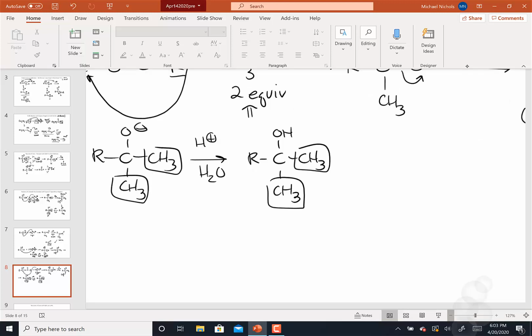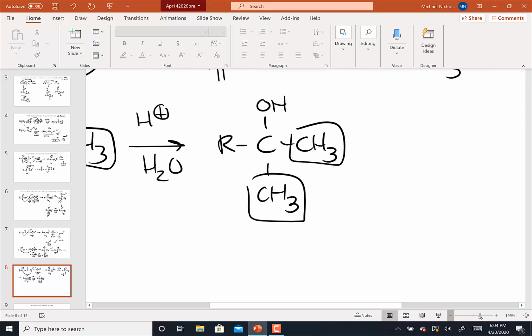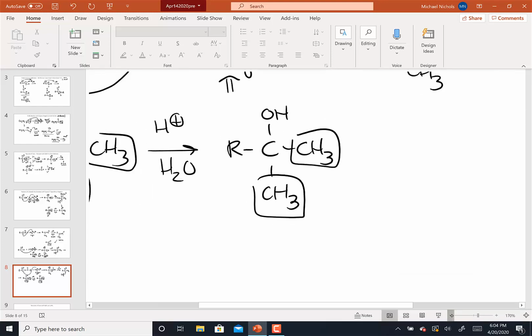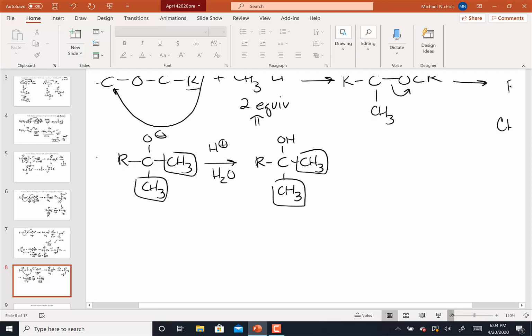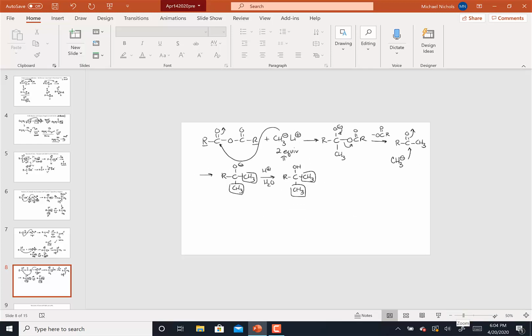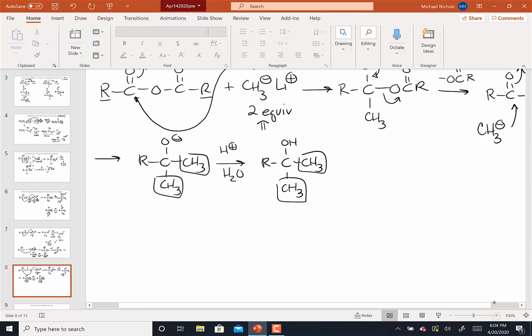So you always get the tertiary alcohol when you react it with either the carboxylic acid chloride, the carboxylic acid anhydride, or the ester.